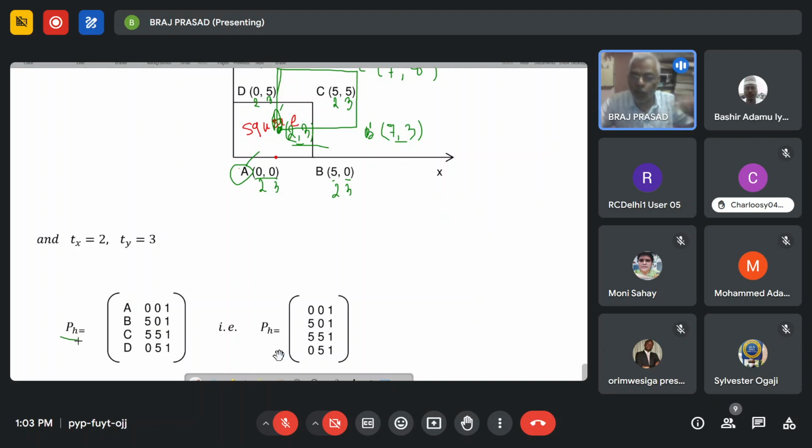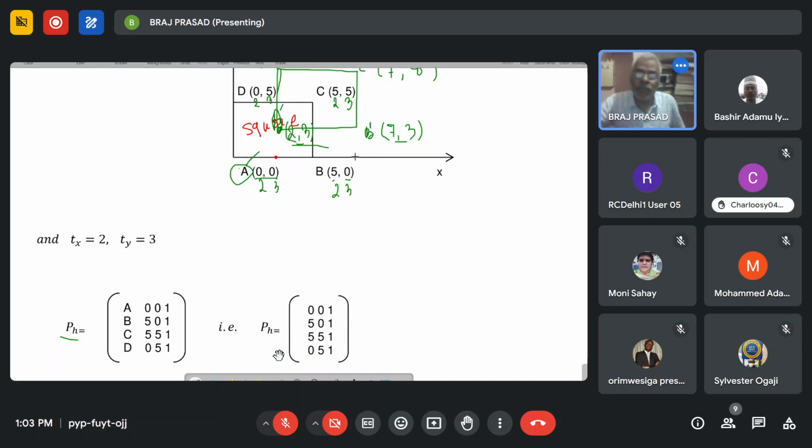PH represents the coordinates of all points used in that object. In this object, there are 4 points, so I have used 4 points. And manually, we have calculated the new coordinates of A dash, B dash, C dash, D dash. But it is easy for a few points.